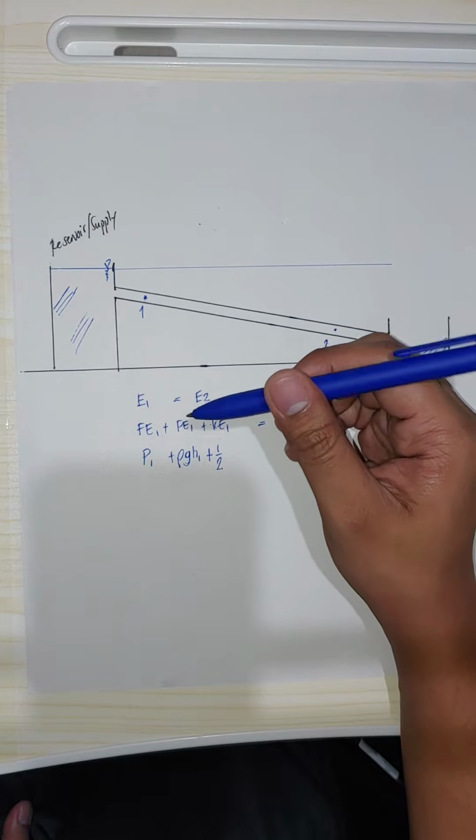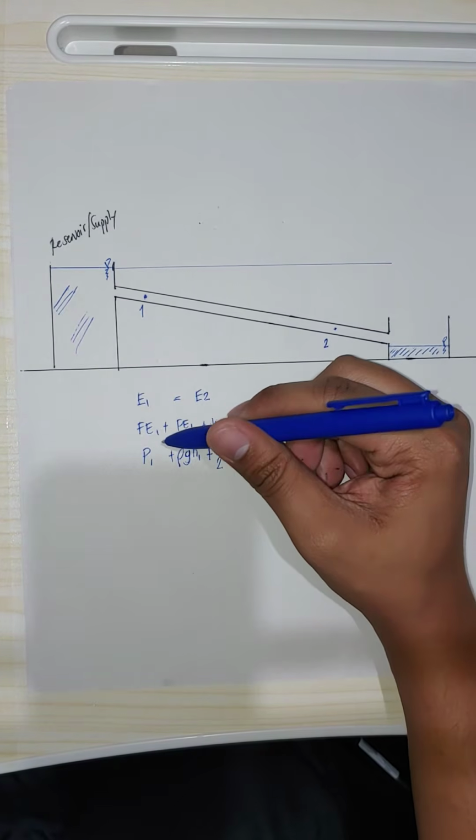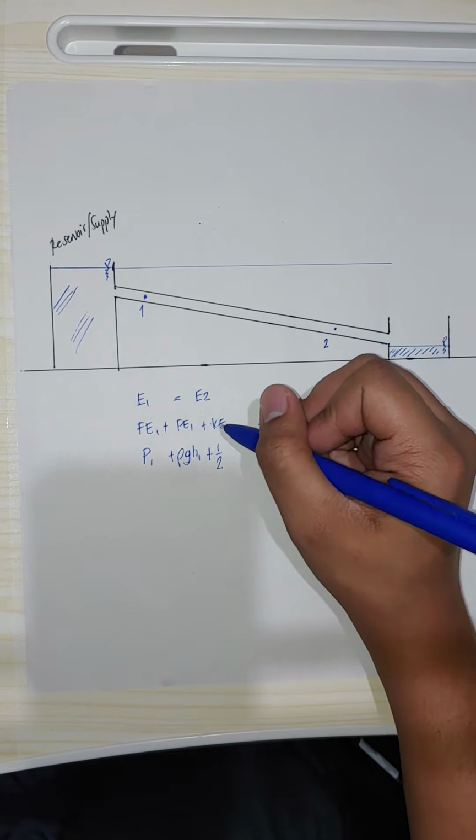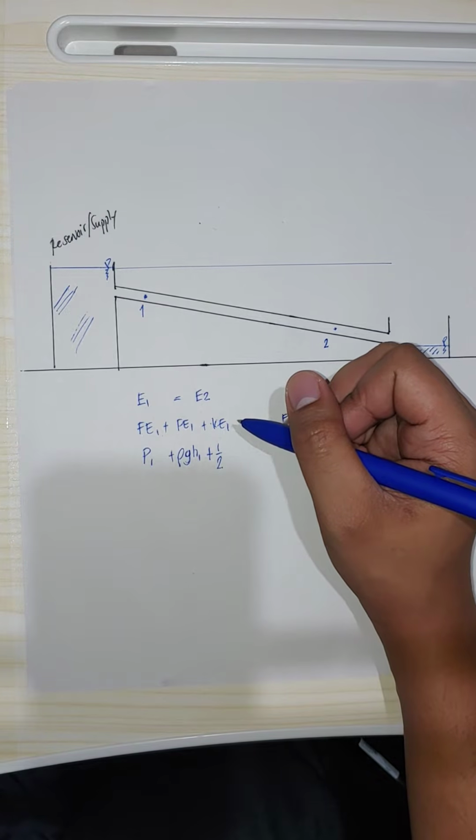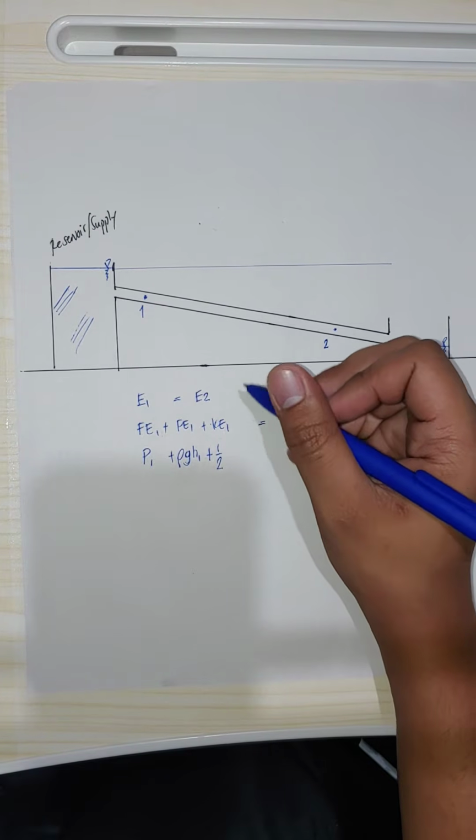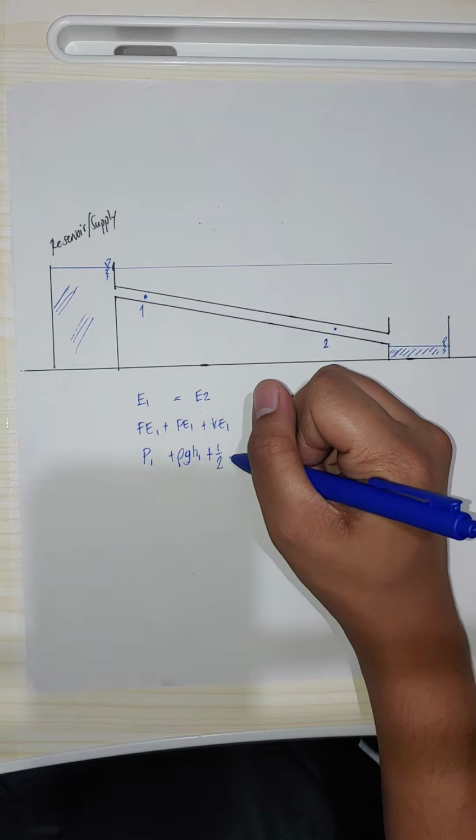But since this is in units of pressure, the relationship between mass and pressure uses the density, so we use the density here.